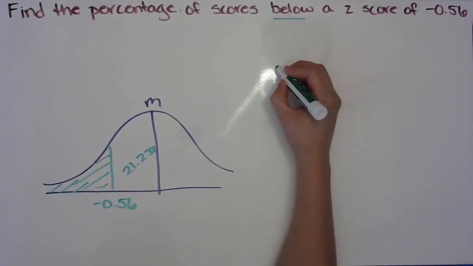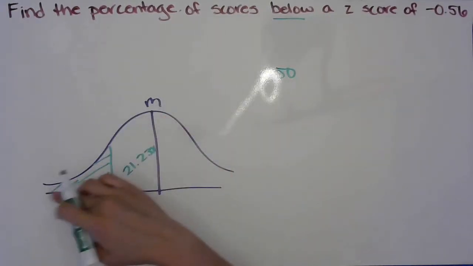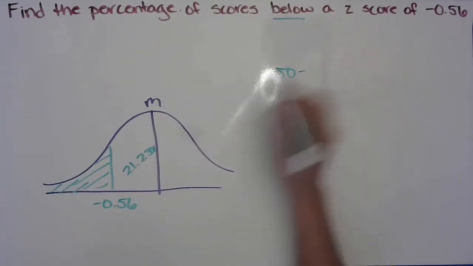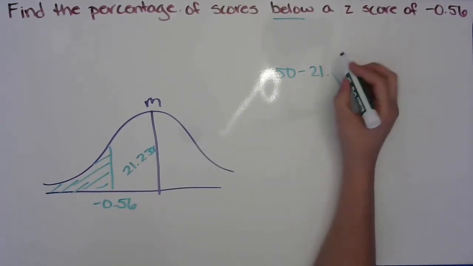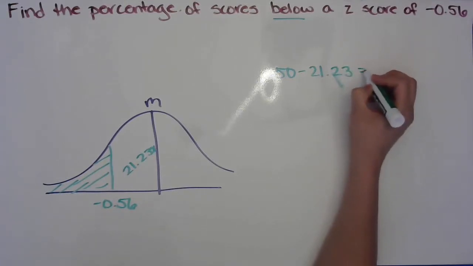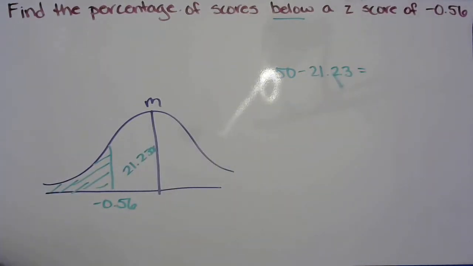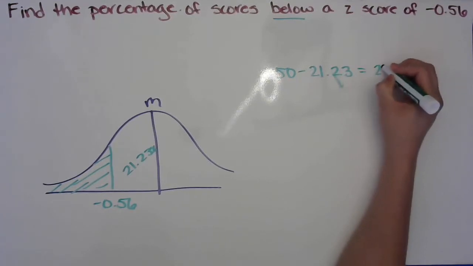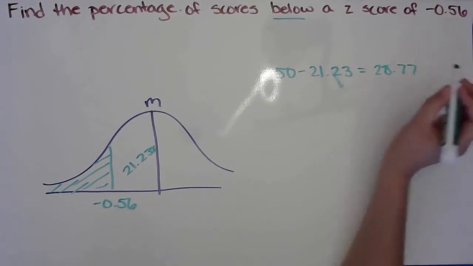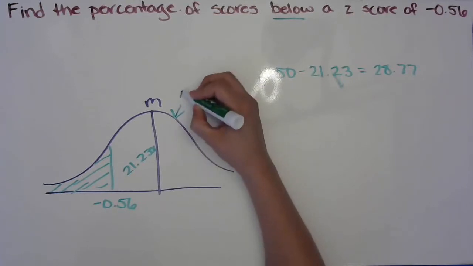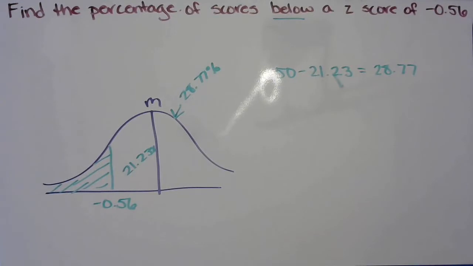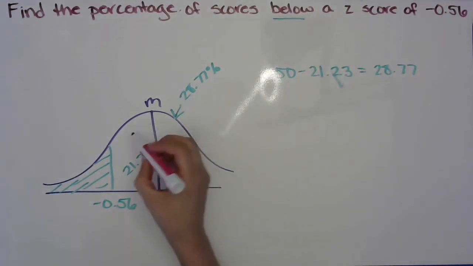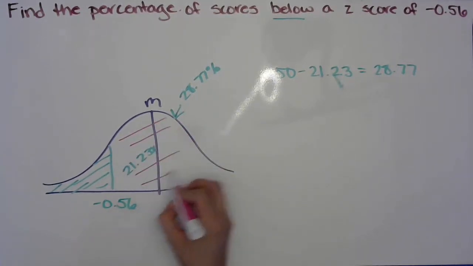So the two different ways we can do that, we can take 50, because this half of the curve here is what we're dealing with, minus the 21.23, and then that is going to give us 28.77. So then we label our curve 28.77.